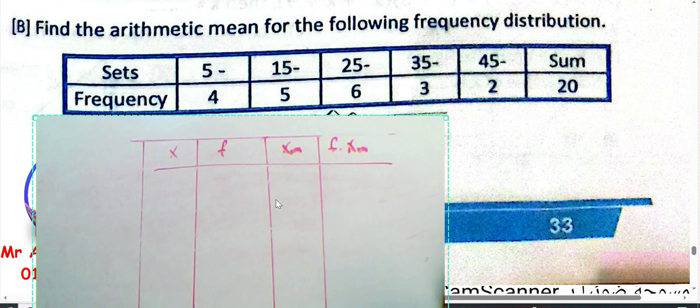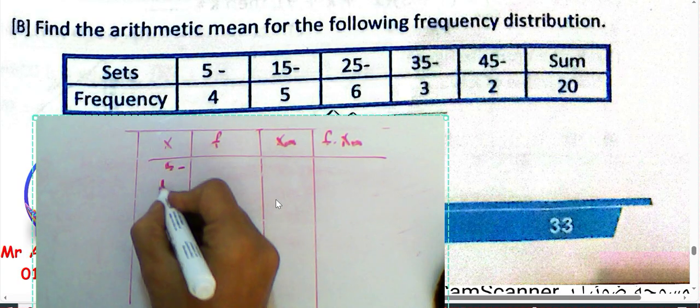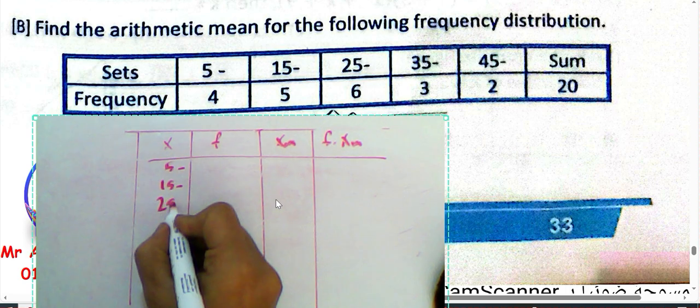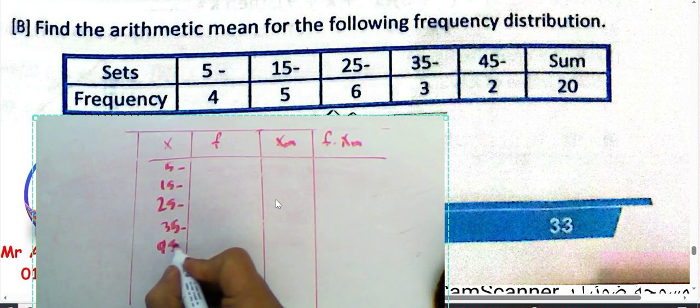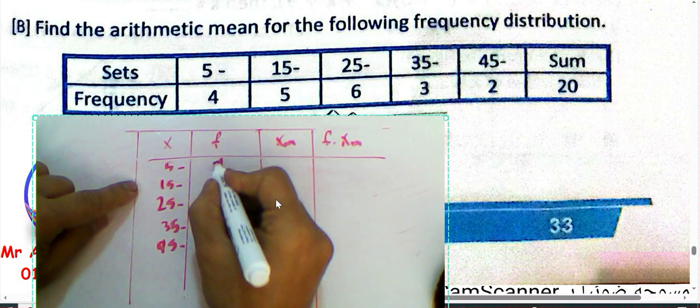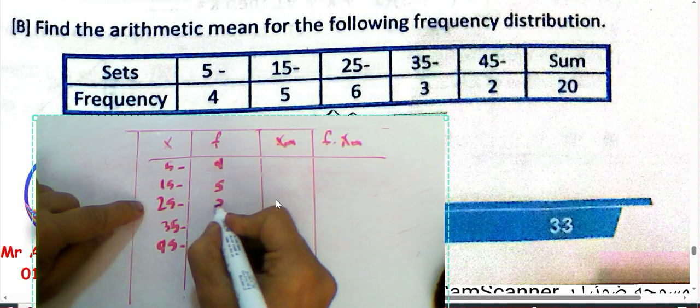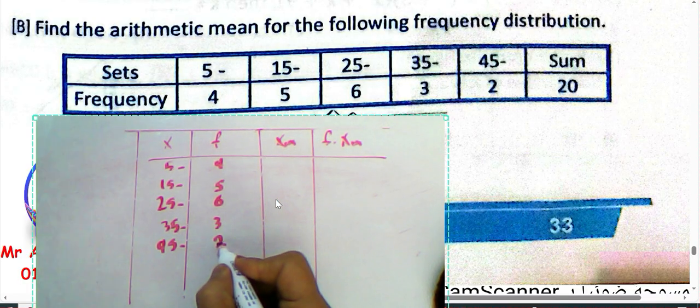First we have 5, 15, 25, 35, 45, and frequency 4, 5, 6, 3, and 2.